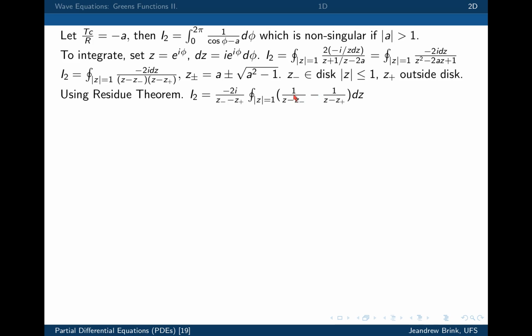And to evaluate the residue, you basically have to evaluate the function that multiplies the pole at the pole itself, and because it's not dependent on anything, it's easy. And so the residue theorem gives us that it is 2 pi i times 2i, over z minus minus z plus, where the minus signs cancel at the top there, and you're left with 2 pi over the square root of a squared minus 1.